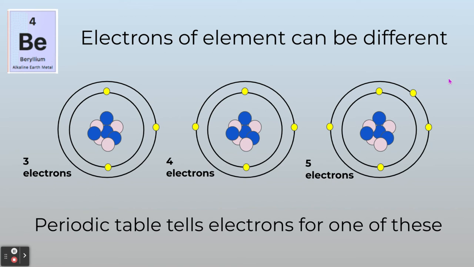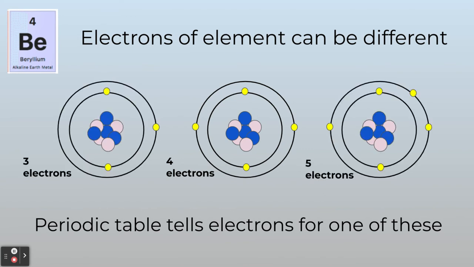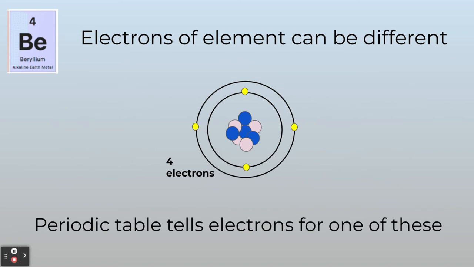The periodic table tells us how many electrons an element has, but it only tells us how many electrons one of those versions has. So these are like different versions of the same atom. You could kind of think of it as, if you were part of a triplet set of people, then that's you.